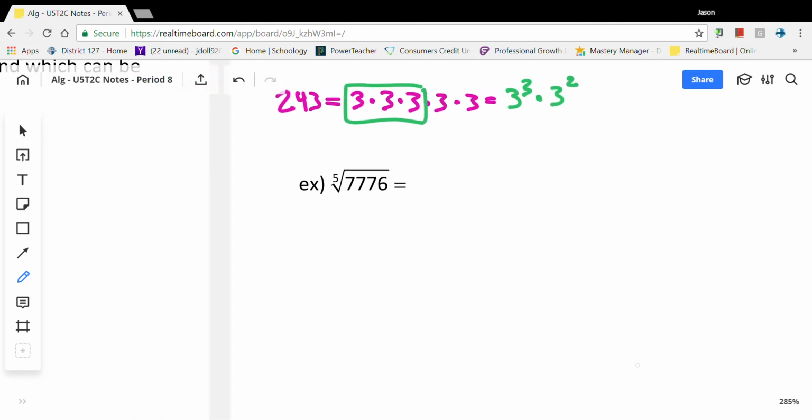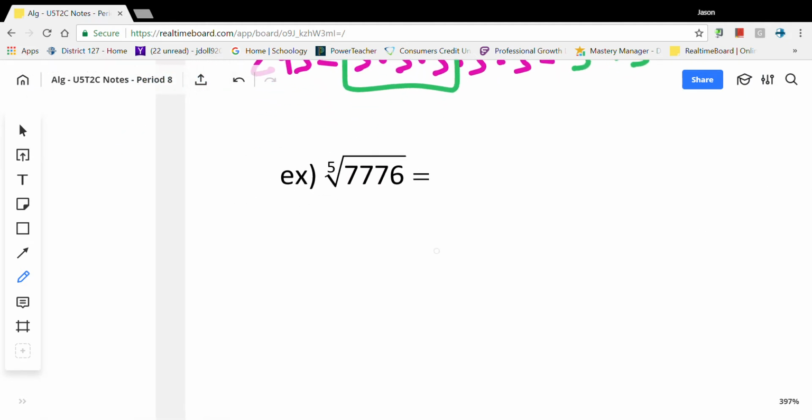All right, so we have the fifth root of 7,776. Now 7,776 is a pretty big number, but it's even, so we can always divide that by 2. If we divide 7,776 by 2, we are going to get 3,888, which again I can divide by 2.